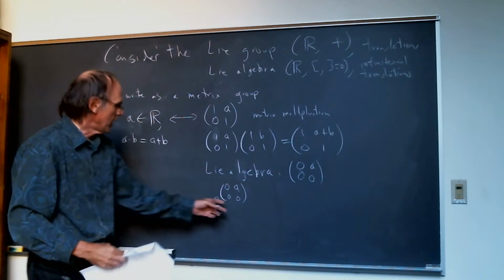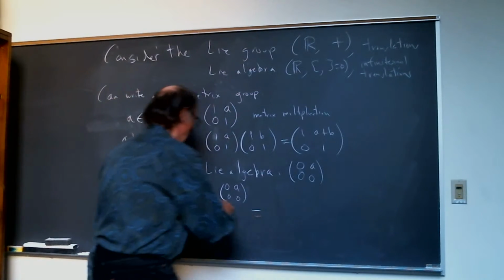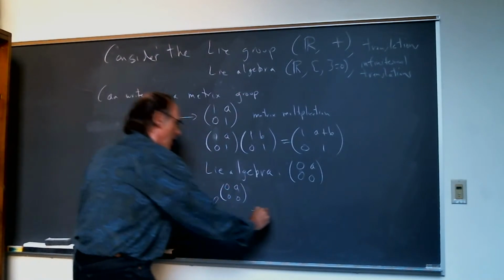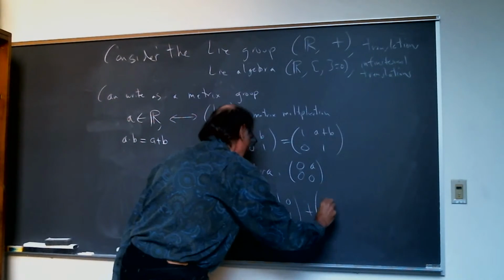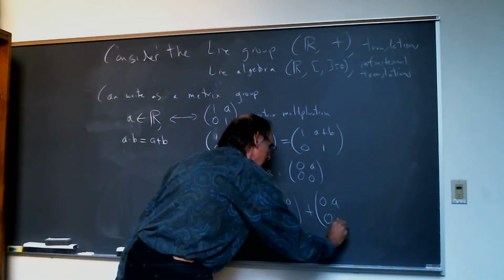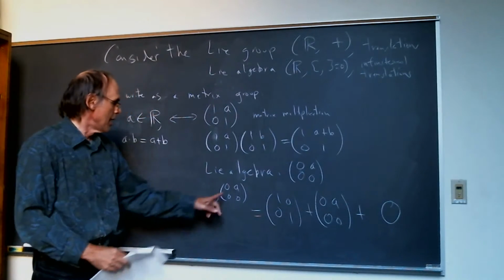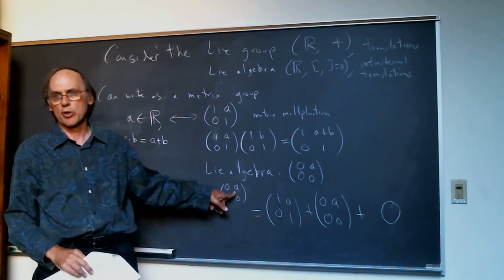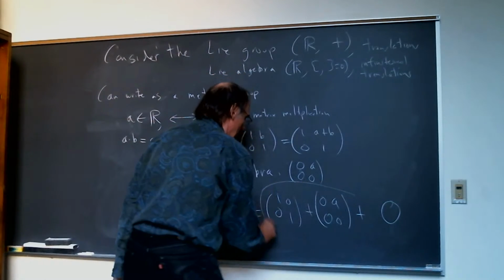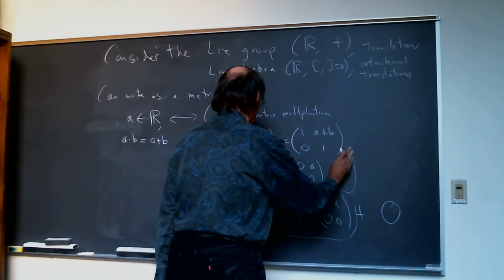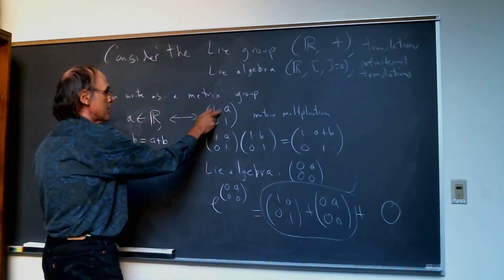If you write this as an exponential, it's going to be 1 plus this guy, so the identity matrix plus the matrix (0, A; 0, 0), plus everything else is 0. If you start multiplying this guy by itself twice or more times, you're going to get 0. So this is just this guy here.